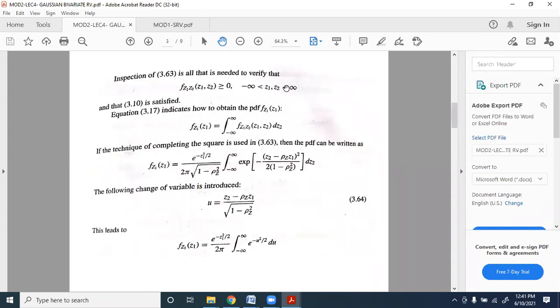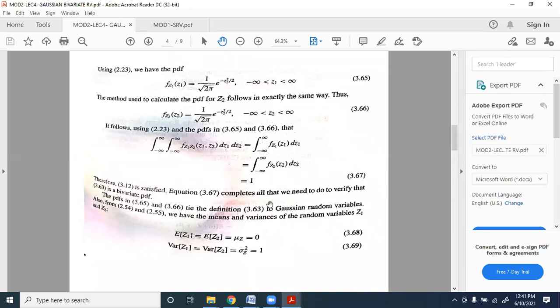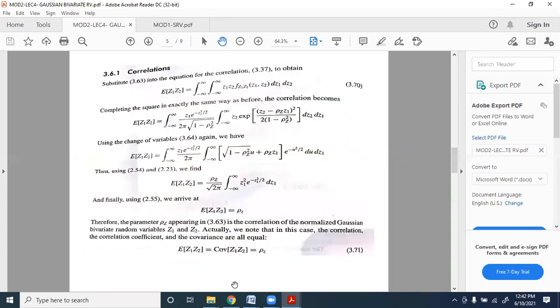Normalized means mu Z is equal to 0 and sigma Z squared is equal to 1. Mean is 0 and the variance is equal to 1. So we can extend this, leaving the normalized case, to a non-normalized Gaussian bivariate random variable.